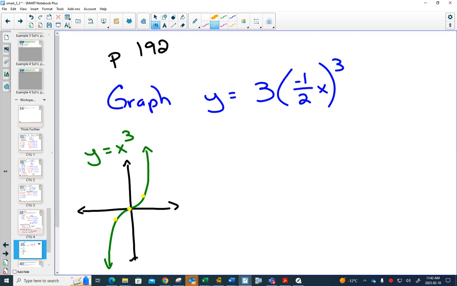Then I have to look at the original equation and say, okay, well, as opposed to the regular x cubed graph, I have a 3 here, I have a negative 1/2 here. What are these things? Which ones are horizontal, which ones are vertical? So again, if something is outside the function, that's going to be vertical.